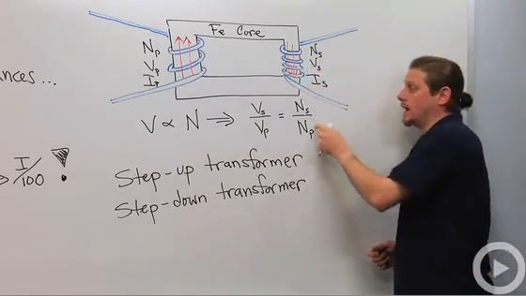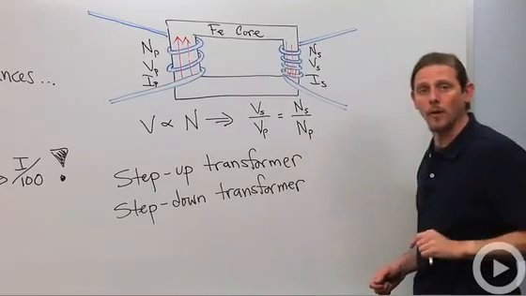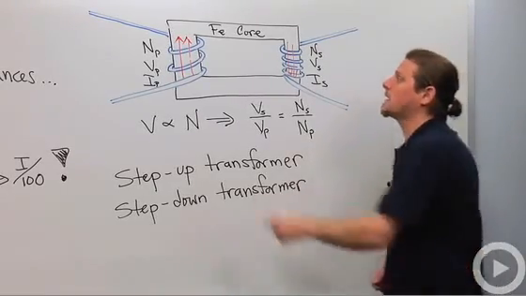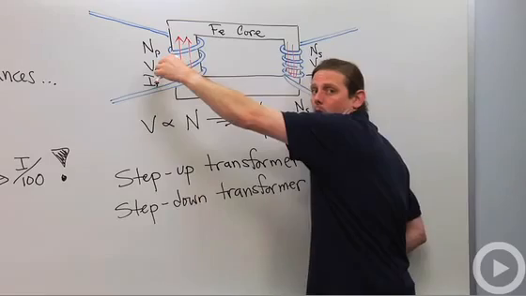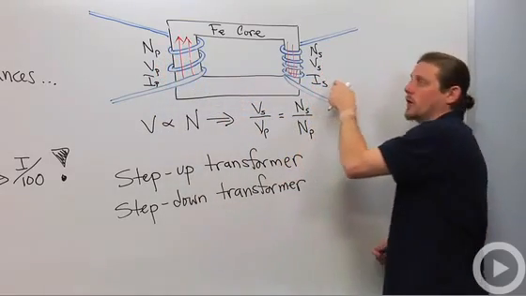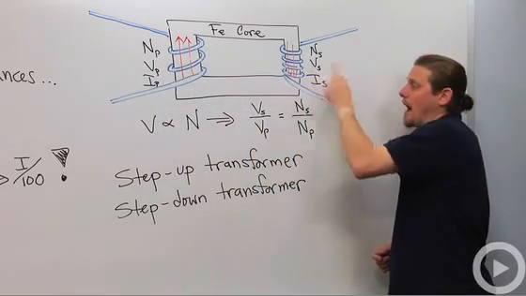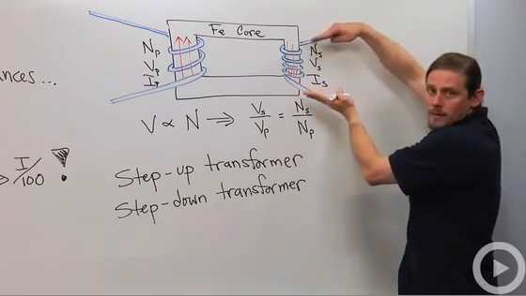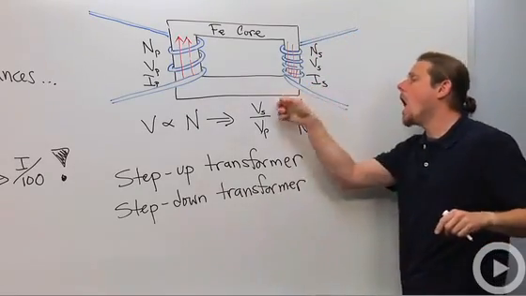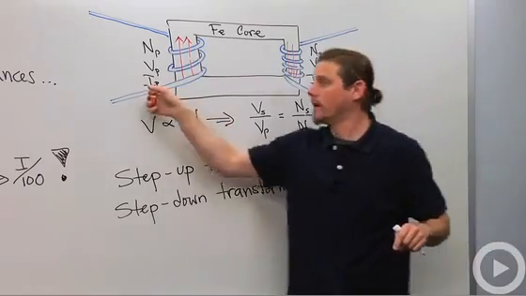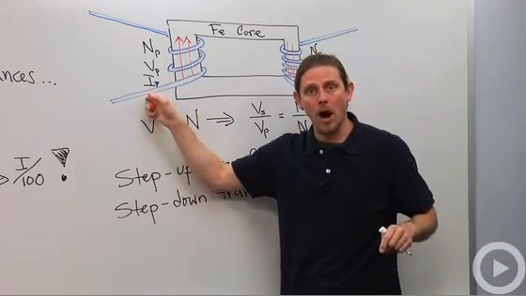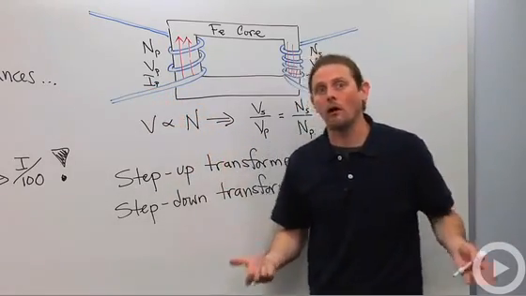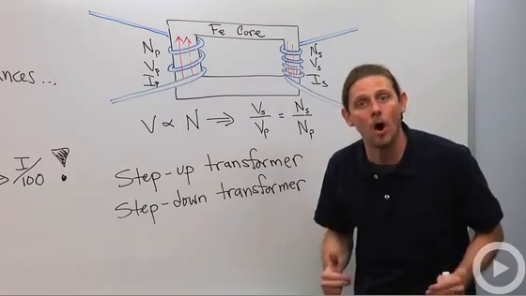So if I come in and only wrap once, and over here on the secondary side I wrap 100 times, then the voltage on the secondary side will be 100 times bigger than the voltage on the primary side. And that means the current's going to be 100 times smaller.